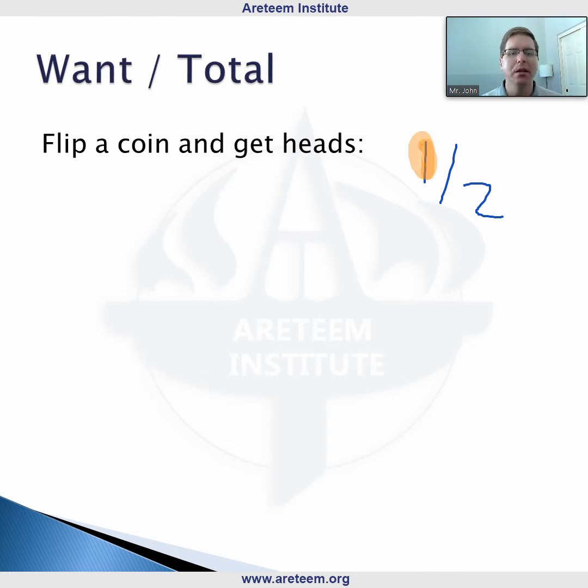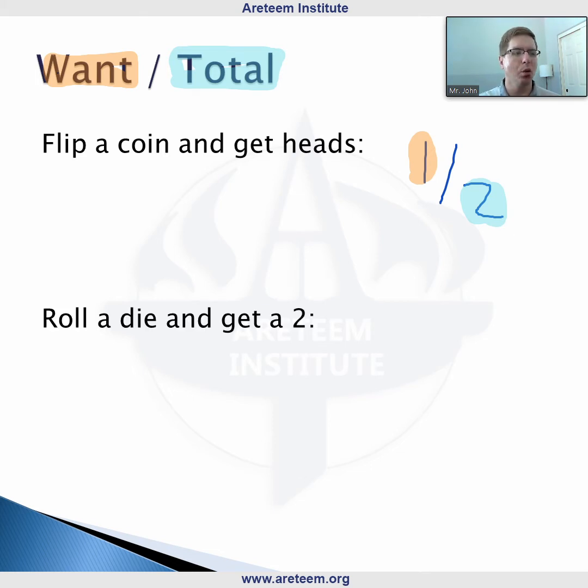There is one thing we want, to get heads, and there are two total outcomes here, either heads or tails. We're assuming it's a fair coin. This is our general want divided by total, this ratio of the number of outcomes we want to the total number of outcomes. Now, this can work similarly if we roll a die and we get 6.